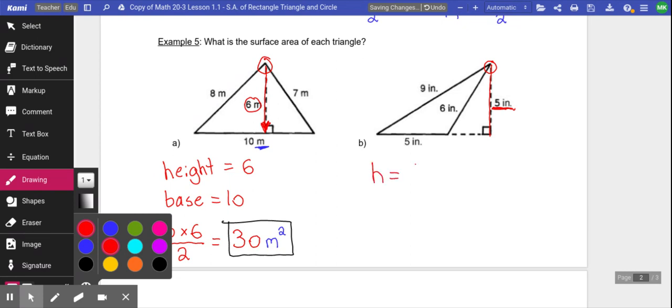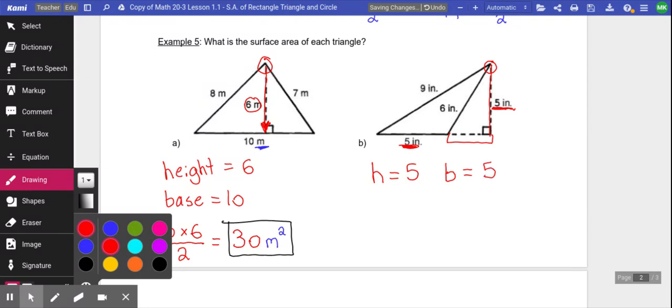So height equals 5. The base in this case is connecting to that bottom line, which is only 5. They've extended it a little bit, right? Just to be able to get out there for the height. But the base is only 5.